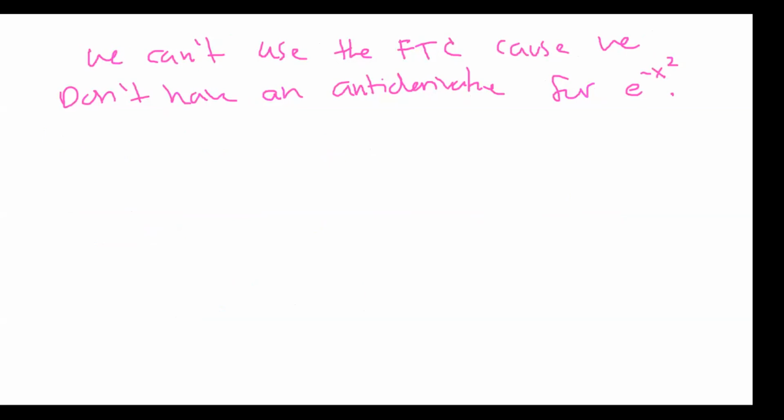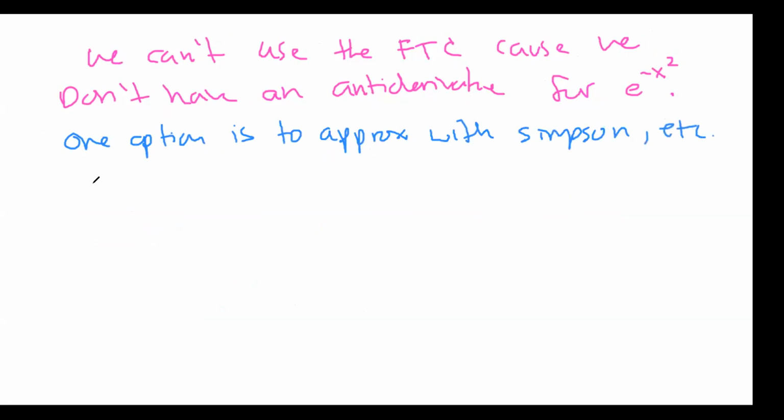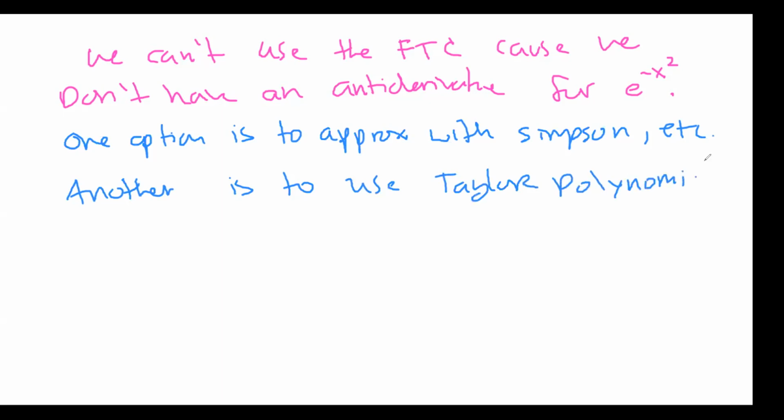One option was to use numerical methods, which we did before: approximate with Riemann sums, Simpson's rule, or something similar. Another option is to use Taylor polynomials. So here's what I mean by that.